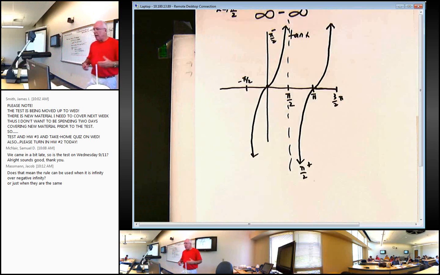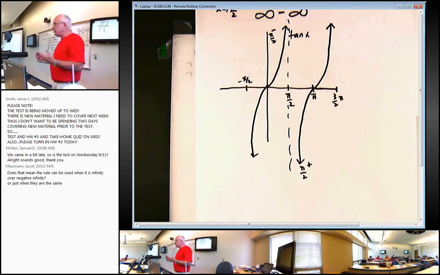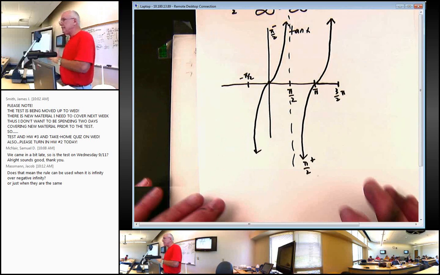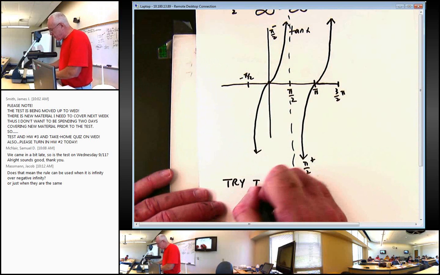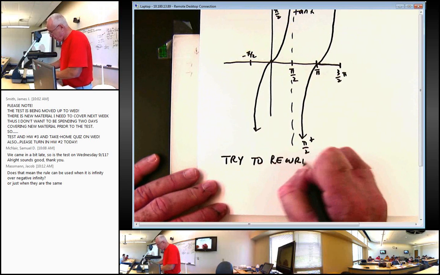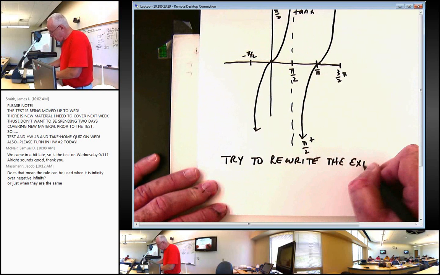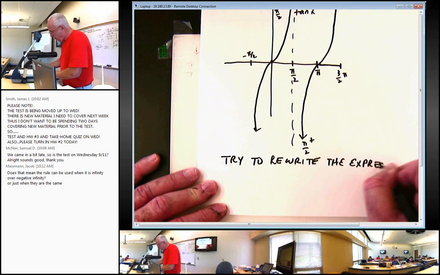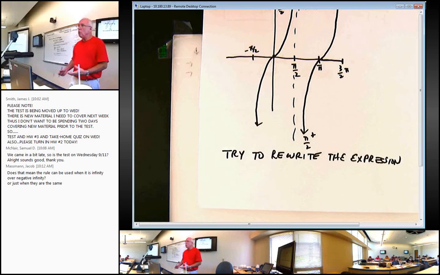Okay, so we have this infinity minus infinity thing. Well, this is the deal, what we want to try to do with these indeterminate differences: we want to try to rewrite the expression as either a product or a quotient.